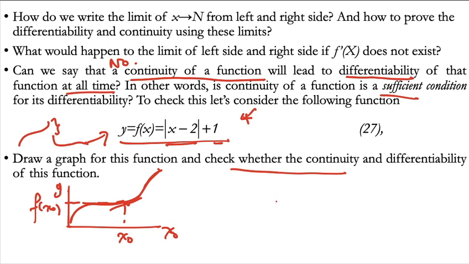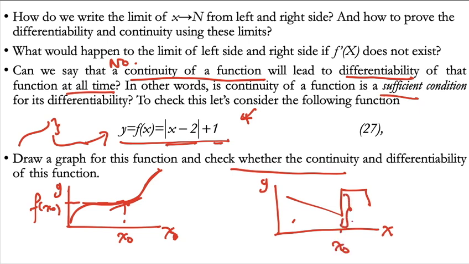But continuity, let's say something like this. This is continuous as well, isn't it? Pick x naught here. Is this graph differentiable or not? If you know mathematics, you know that this one at x naught is not differentiable at all.